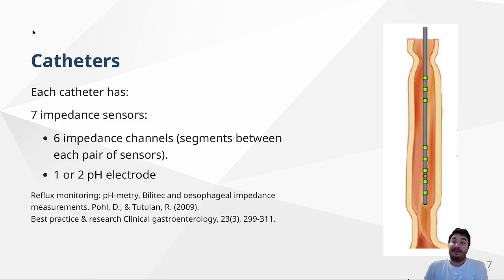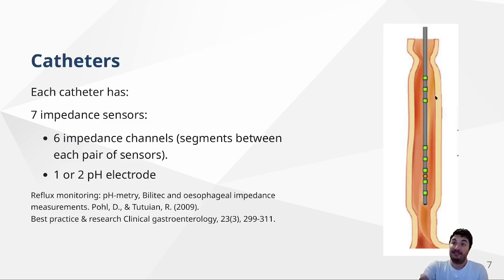So the catheters are put inside the patient. This is the esophagus. I'm taking this image from this article of Paul and Tutuyan. The catheter is made of 7 impedance sensors and 1 or 2 pH electrodes.